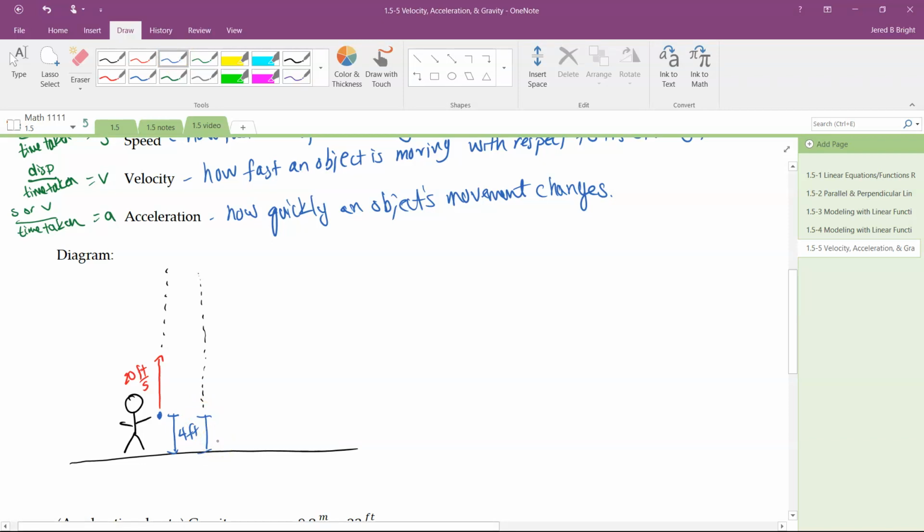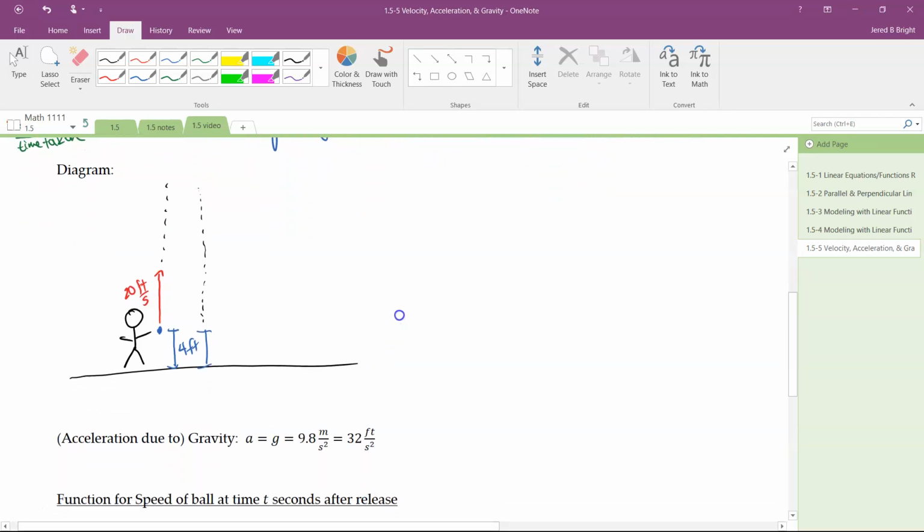Okay, that's the idea. When I start these problems, I usually have to translate it to a diagram just so I can see what's going on.